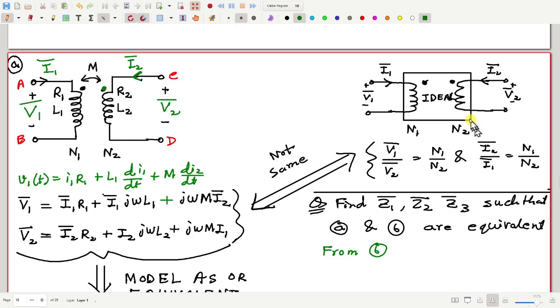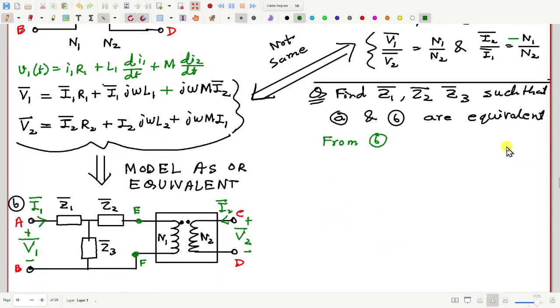In this equation I should have a minus sign, because for an ideal transformer, if one current is entering a dot, then the other current should leave the dot, so that their MMF can cancel each other. So here I should have a minus sign. Okay, fine.